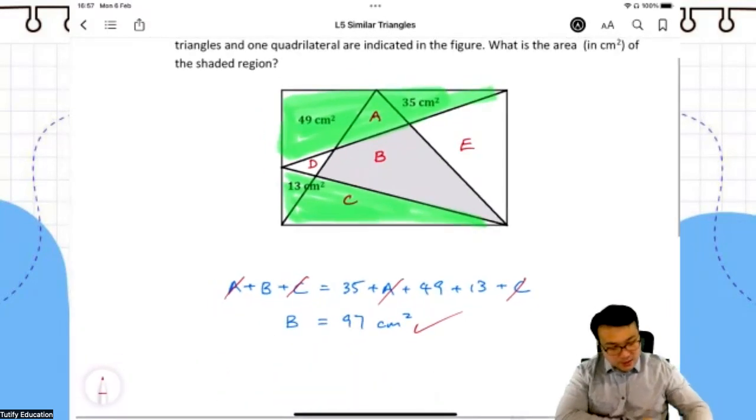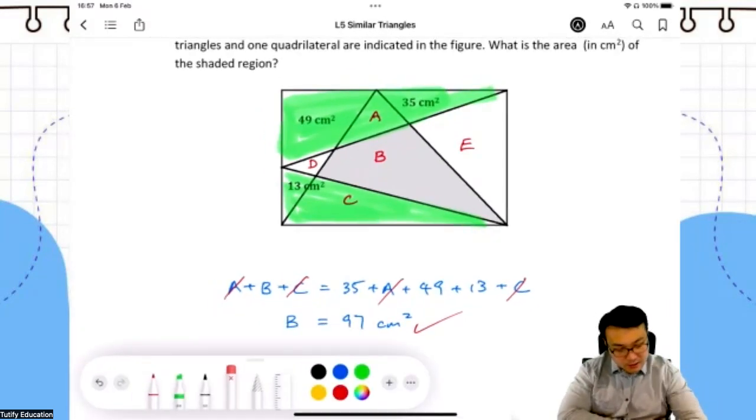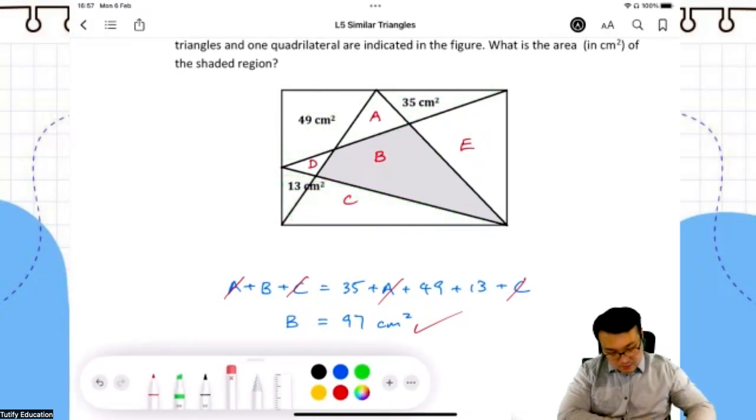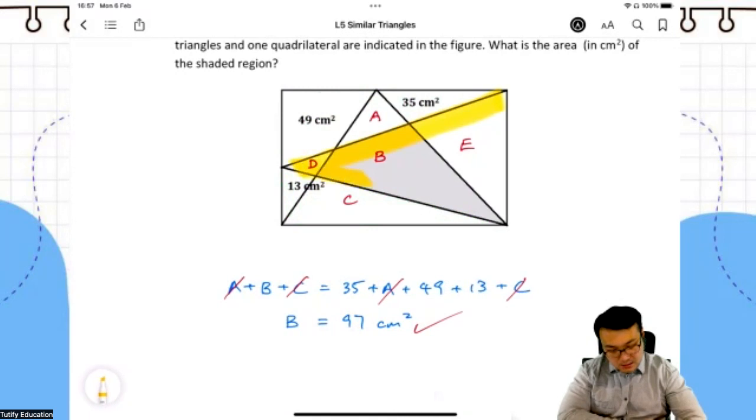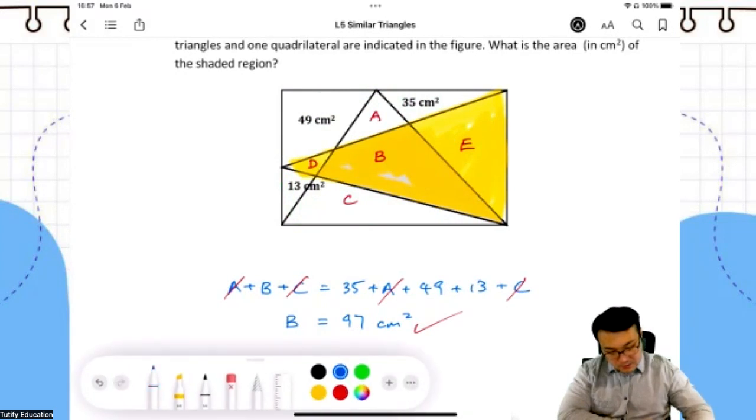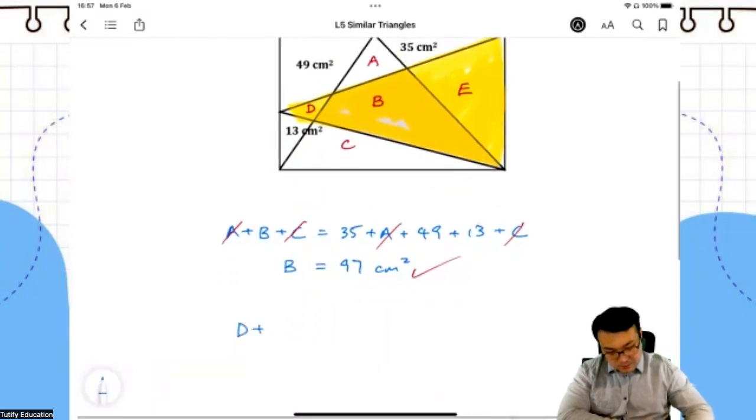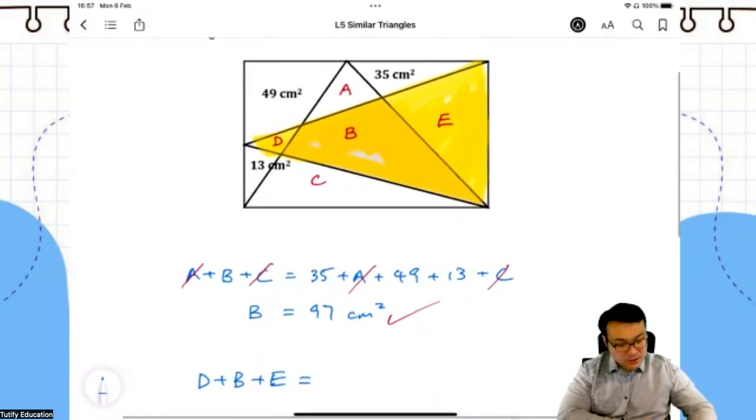Now, Vishwam, I want to ask you another method of doing this. What if I decided to use this? If I decided to use this, so I'm going to write down D plus B plus E. Then what should I use?